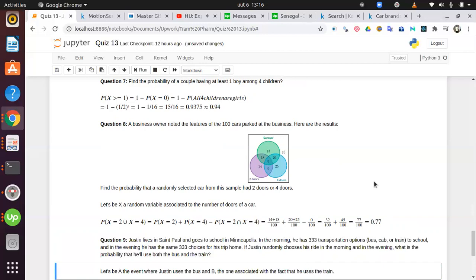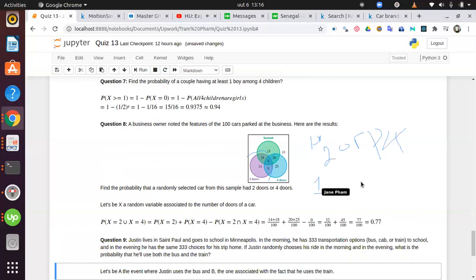So for the probability of a selected car from this sample having 2 doors or 4 doors, it's basically either this or this. Okay, let me try. I think I got it. So we need to find P(2 or 4), right?